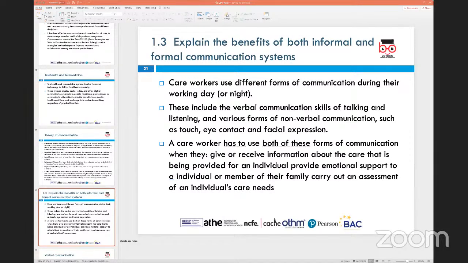Now, informal communication tends to be flexible. You might be trying to build, for example, a friendship or rapport with another colleague. It could happen in a non-defined setting while you're making a cup of tea, or when you're walking in the corridor. This form of communication allows you to build a rapport or a relationship with a particular person in a more relaxed setting and a more comfortable environment.